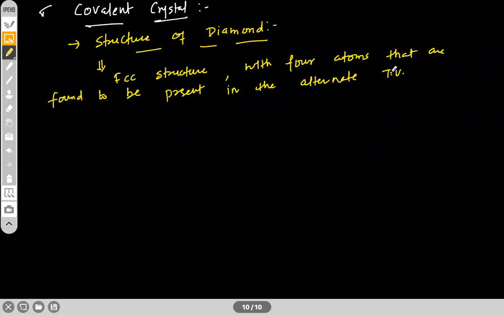Tetrahedral void means at one body diagonal we have only one tetrahedral void which is occupied by the atoms.